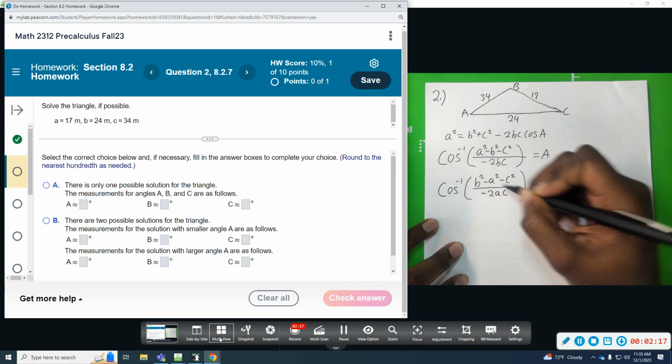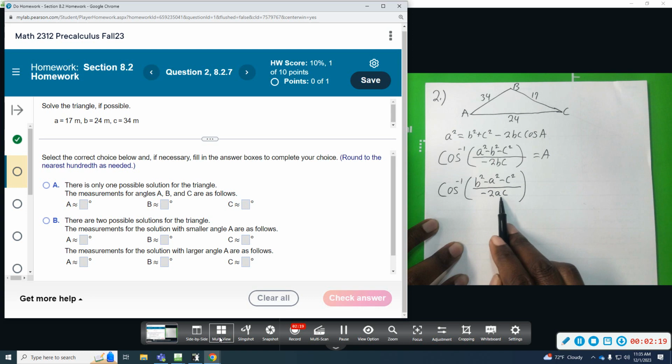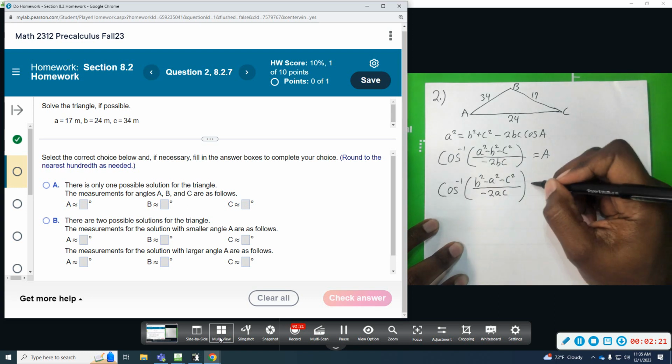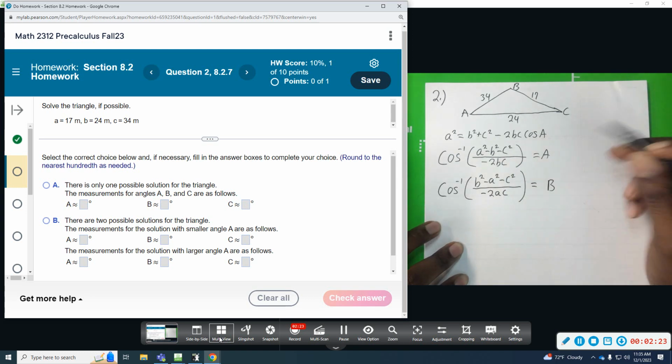Okay, whatever you're subtracting, those two are going to be on the bottom, and the one you're looking for is B. So I'll use these two to find A and B, and then I'll just do 180 to find C.